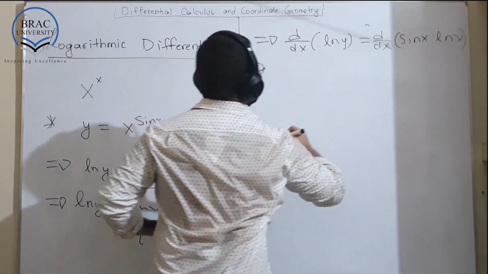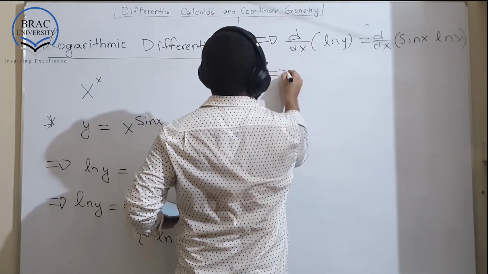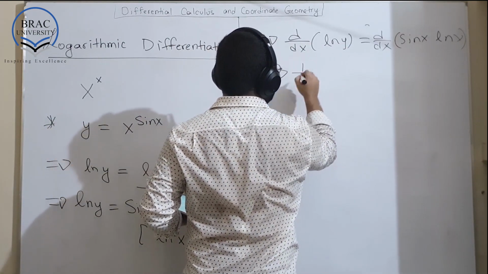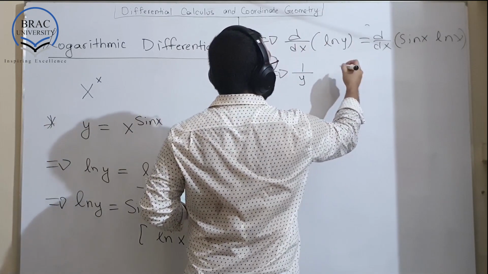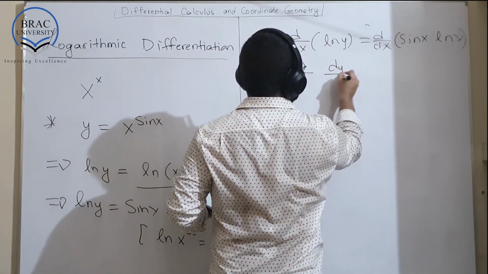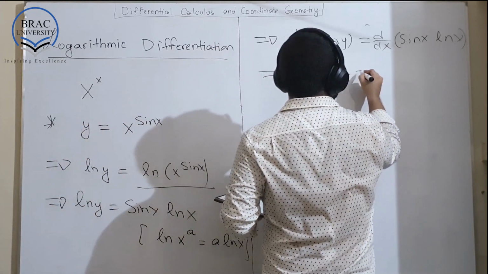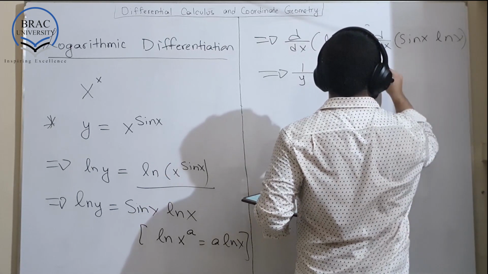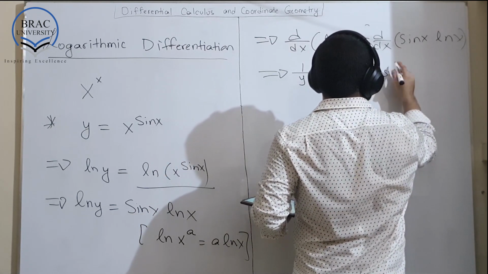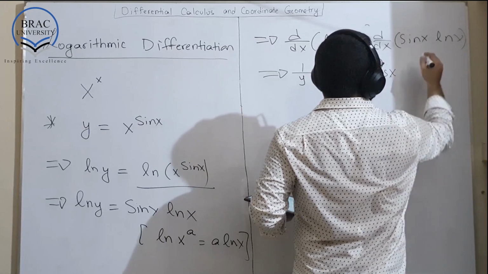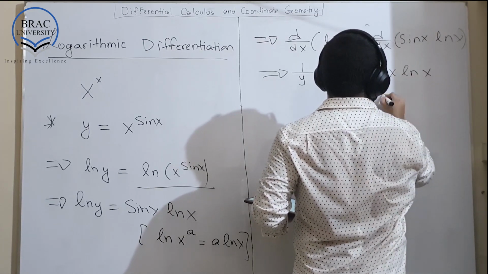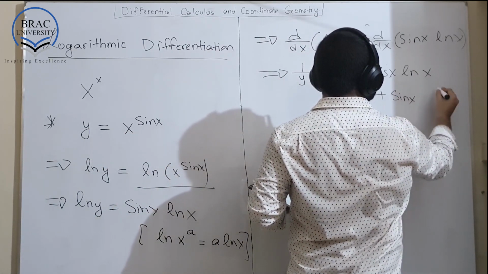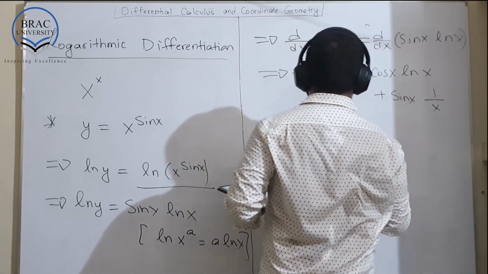What is the derivative of log of y? 1 over y times dy/dx, as y is a function of x, so the chain rule. It's a product rule, so the derivative of sine x is cosine of x, times log of x, plus, what is the derivative of natural log of x? It's 1 over x.